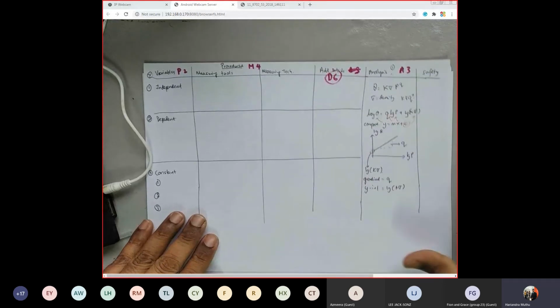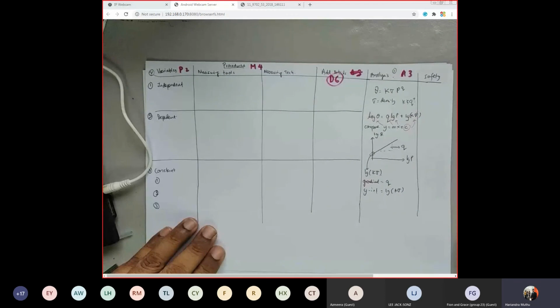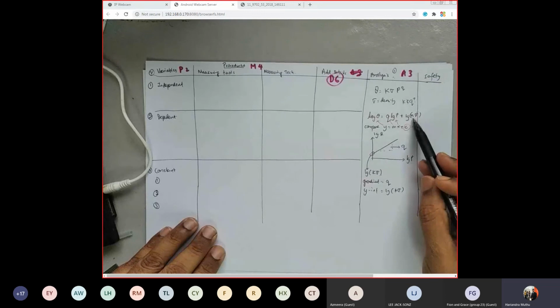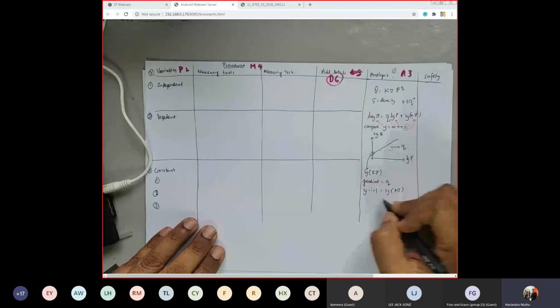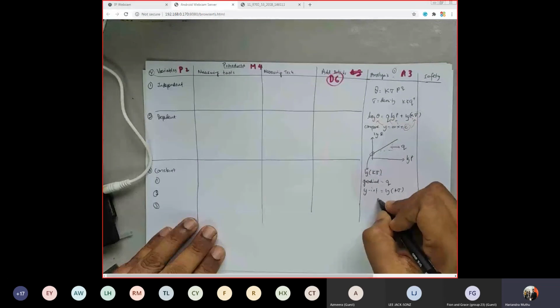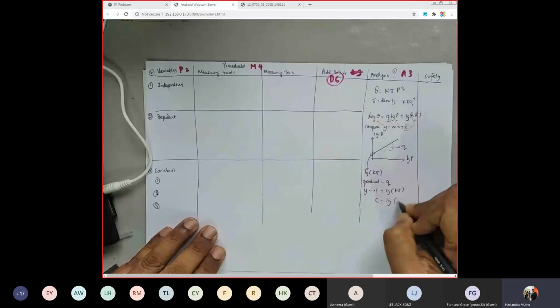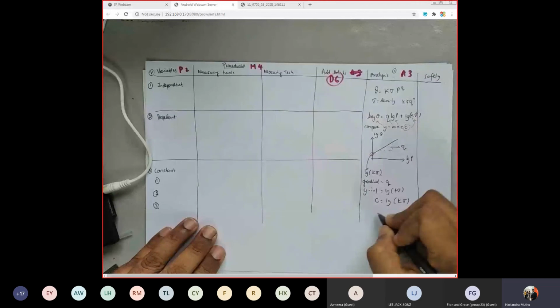Okay. So what else? What else we need to do? Question says you need to find out the value of k. So y-intercept. All right. I'm going to put c here. Log k sigma. So this becomes tan c.